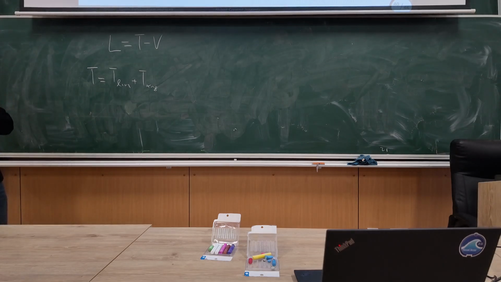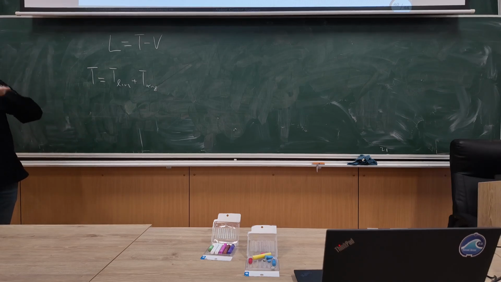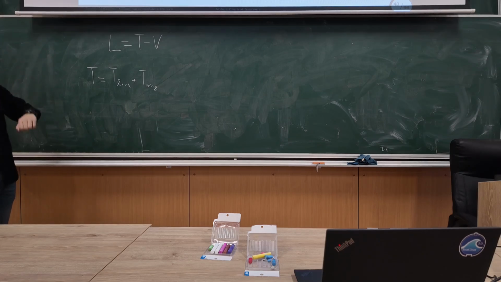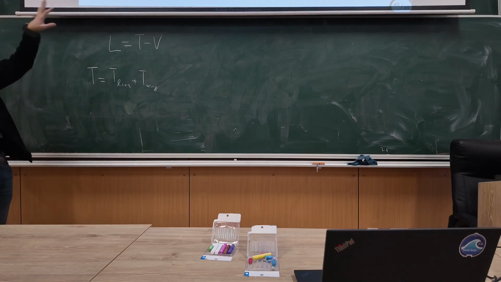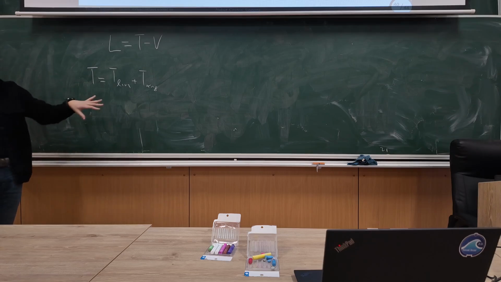Here, what part should we consider? For the drone, it was just one object for the simple model. Here, are we talking about the kinetic energy of the whole robot, or do we break it down into parts?